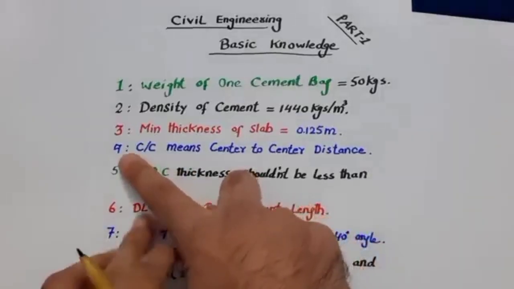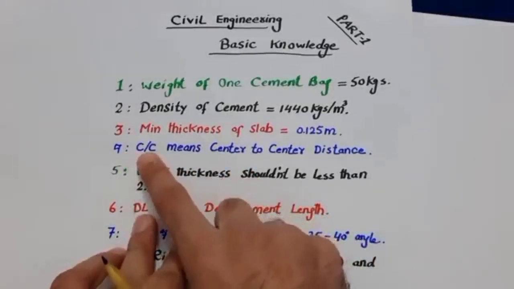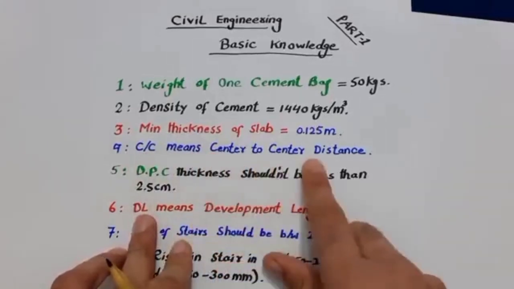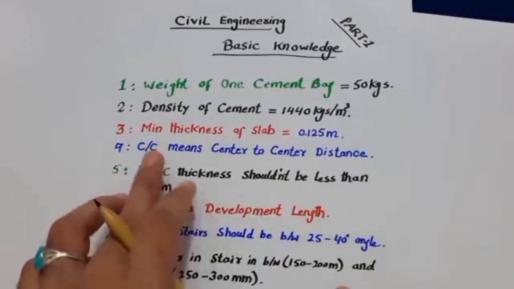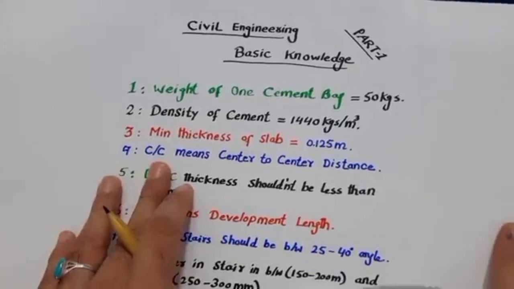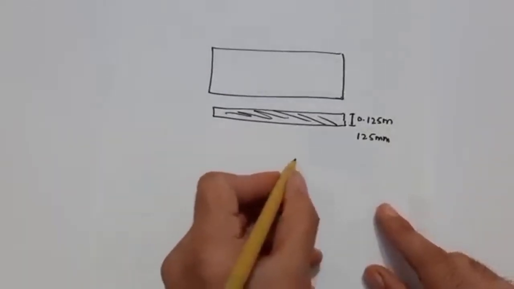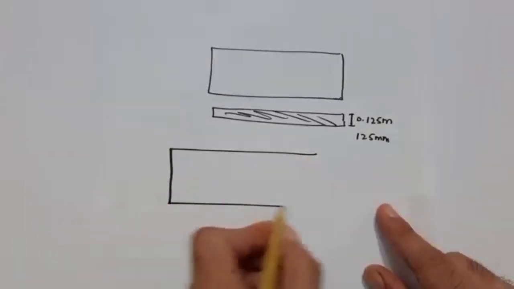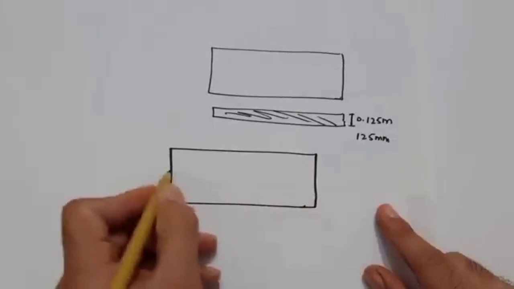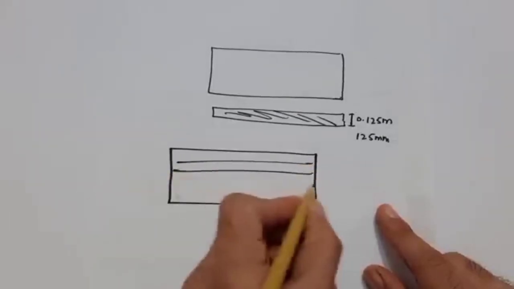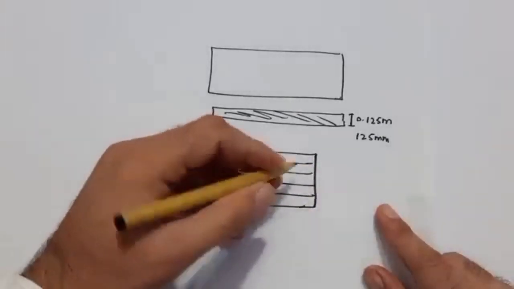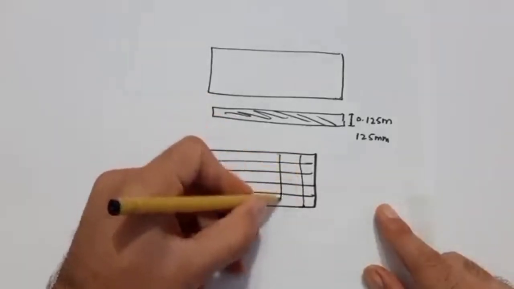Next, guys, you can see the fourth one is C/C, means center to center distance. Okay, so C/C we are especially using in steel structure design for the slab or for any RCC members. Like, guys, you can see this is slab, so we are providing main bars and distribution bars. You can see these are distribution bars and these are main bars.